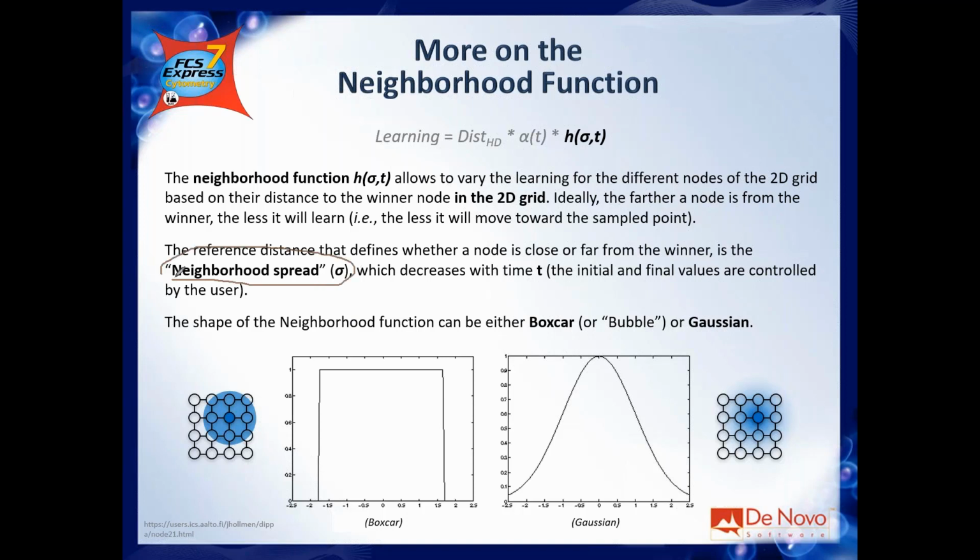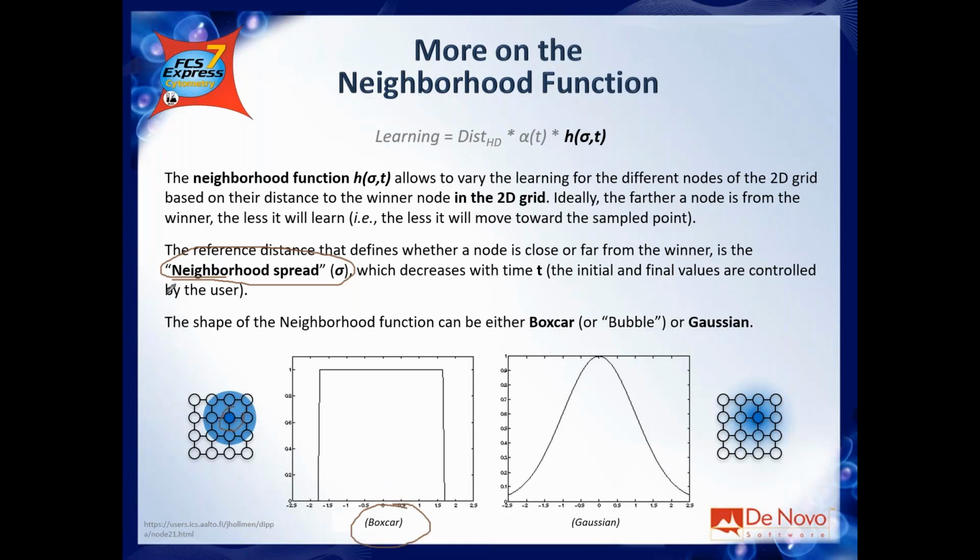This is the neighborhood spread. This is the value defined by the user, and it's really the boundary of the neighborhood. You can say the neighborhood for my friends is, I don't know, 1 block, and everyone who is out of the block is still a friend, but not formally a neighbor. And everyone within my block is actually a neighbor. So this is a clear cutoff. This is called the boxer function, or also bubble function.